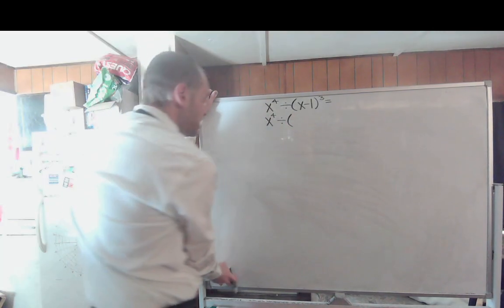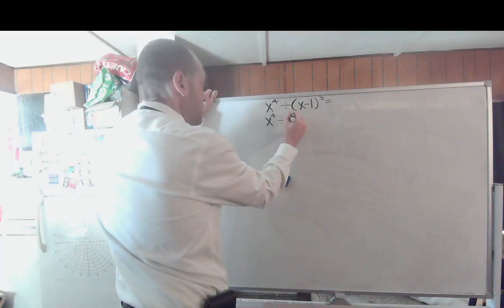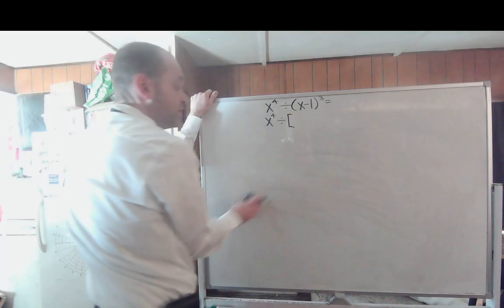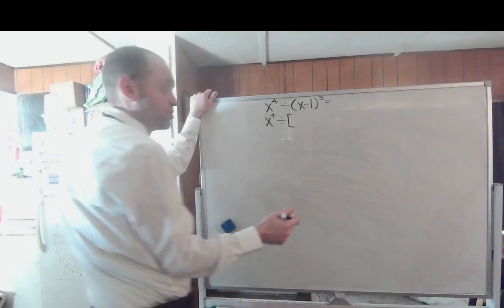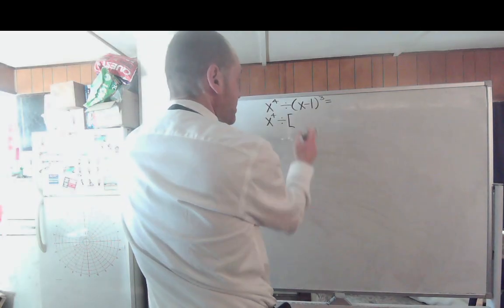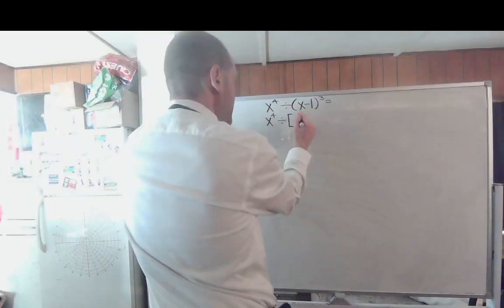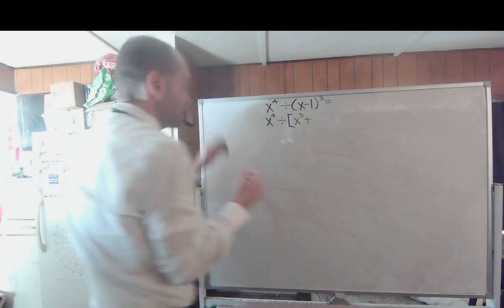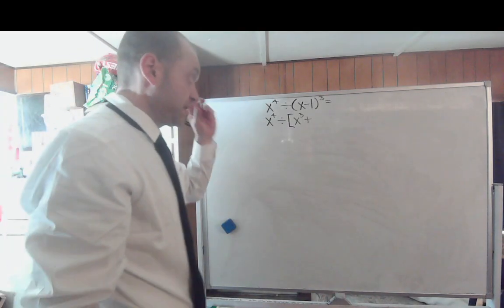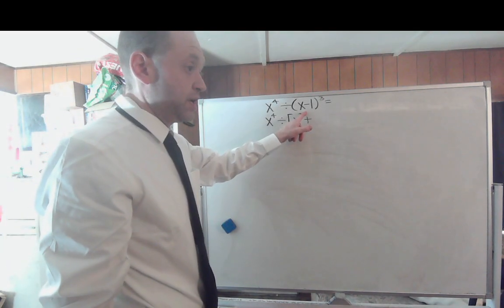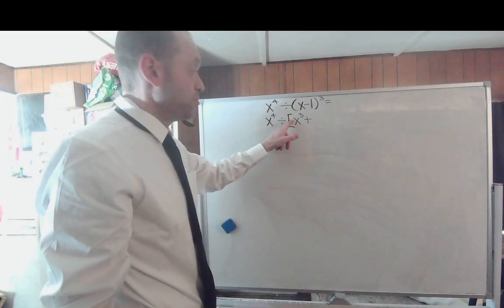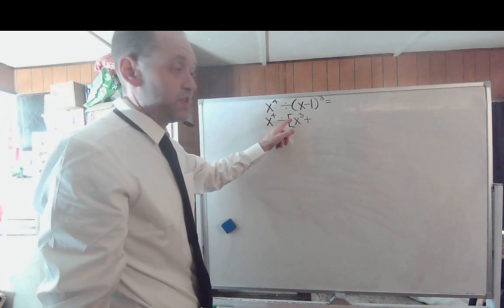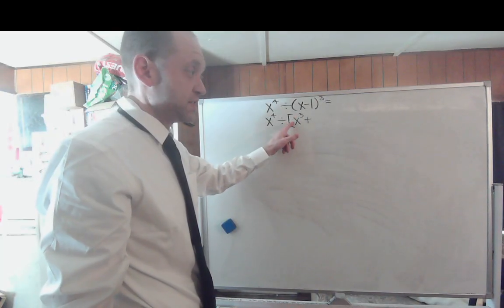Let me put a bracket here. We can use that shortcut we got from Algebra 2 when dealing with the binomial theorem. Take your first term, that x, raise it to the third power, plus... Now take that power of 3 and multiply it by your coefficient on the x cubed. 3 times 1 is 3.